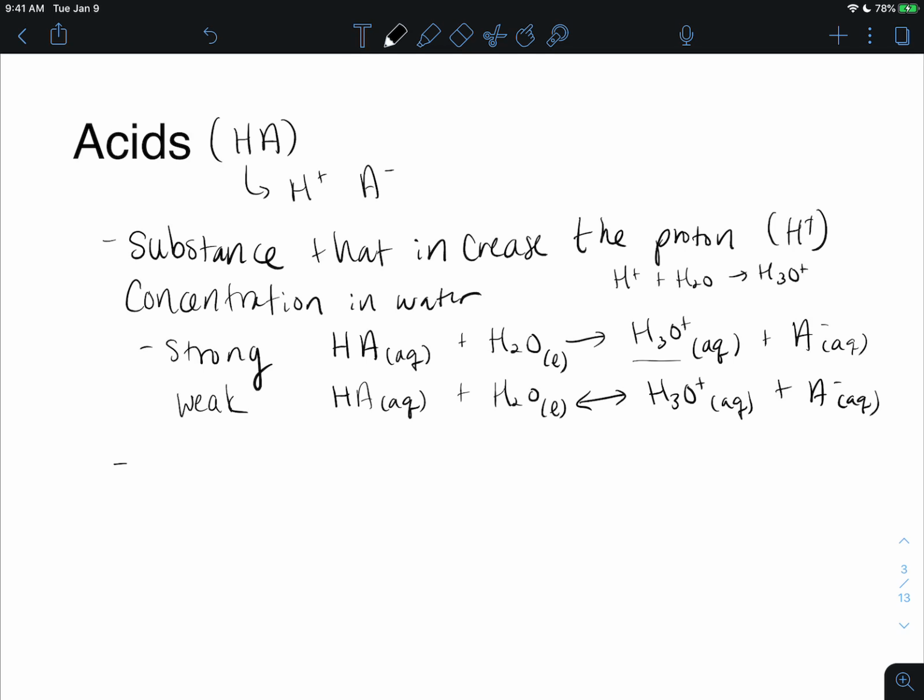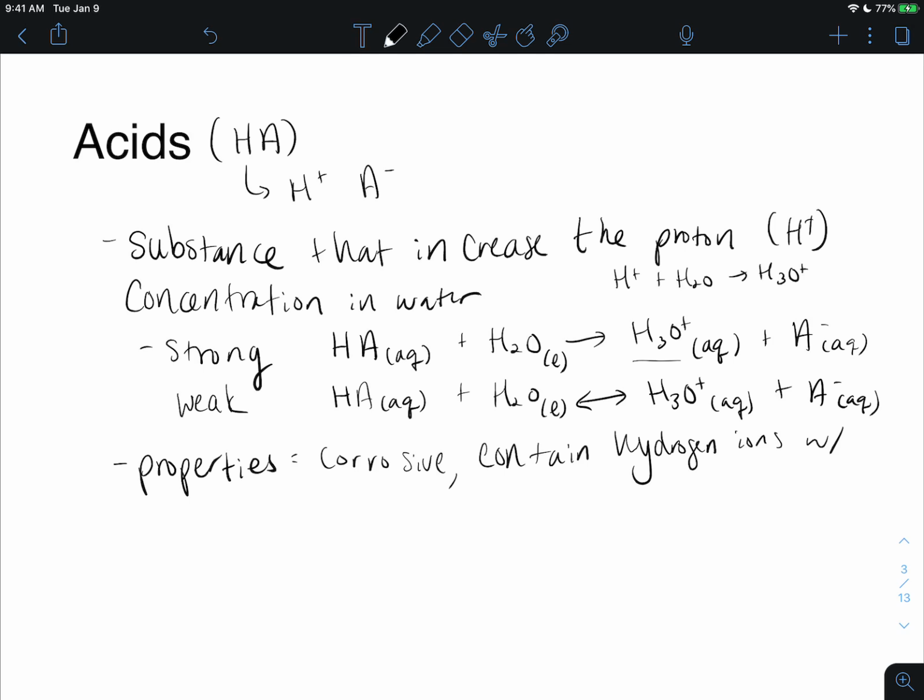The properties of an acid: they are corrosive. They contain hydrogen ions with an anion. They turn litmus paper red. They have a sour taste.